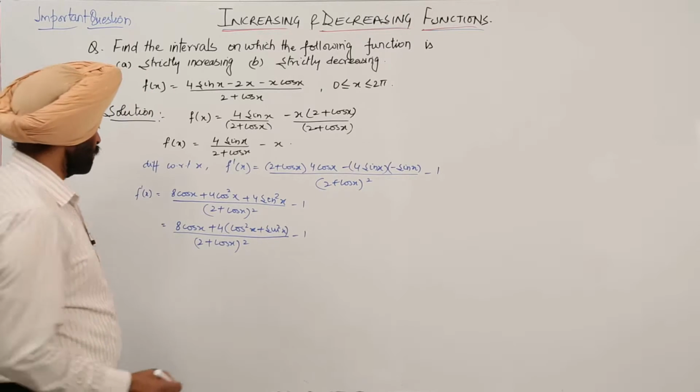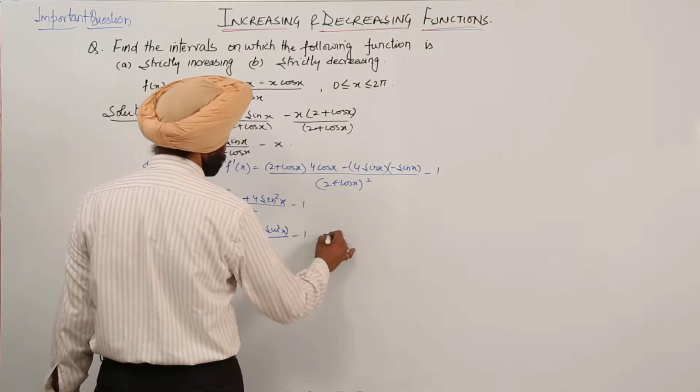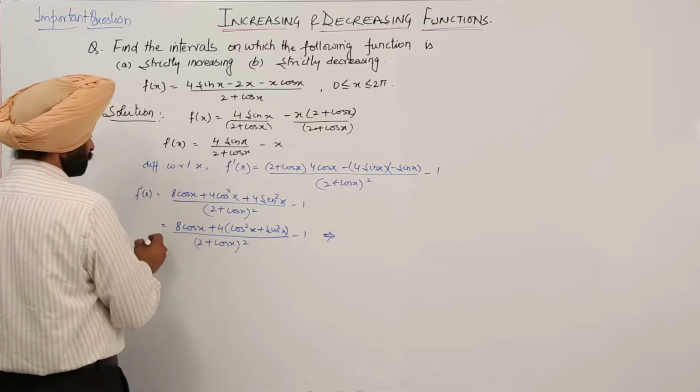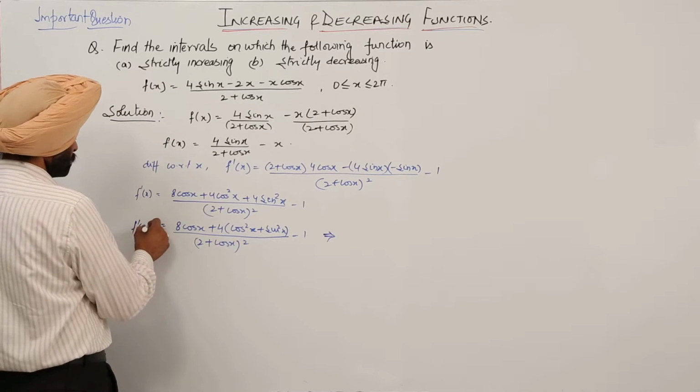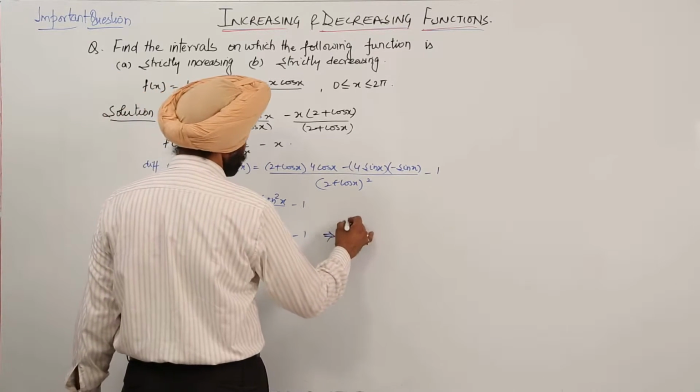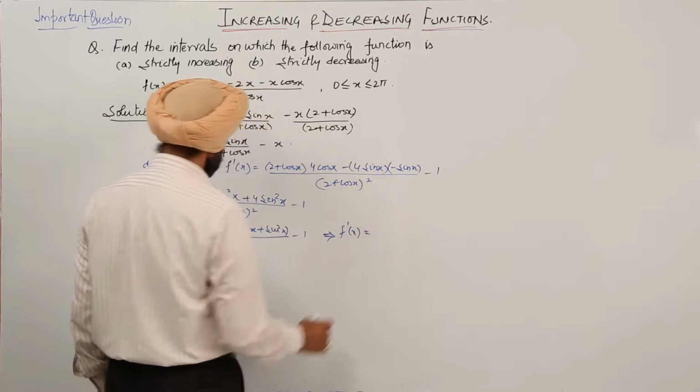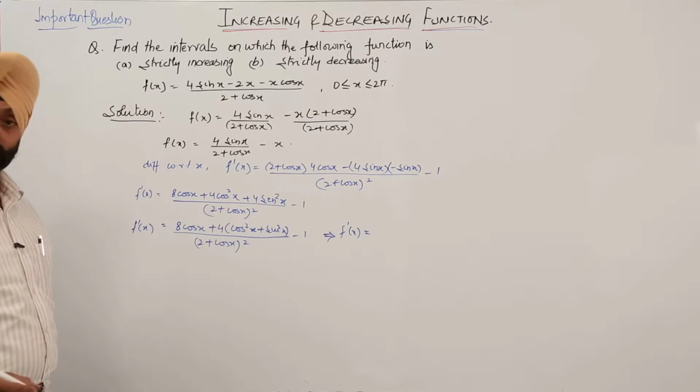Is it clear? Now this is f'(x). Now cos square x plus sin square x is 1.